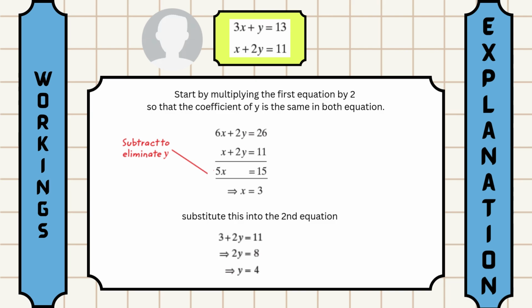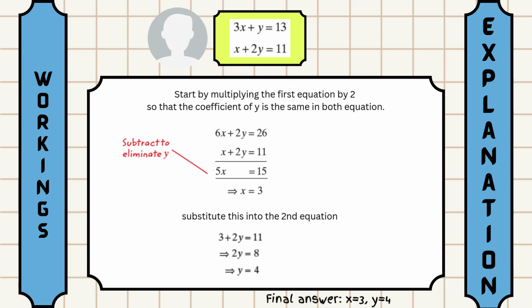Once you get x equals 3, substitute this into the second equation. So the second equation becomes 3 plus 2y equals 11. Then 2y equals 8, which results in y equals 4. All right, every time you attempt to solve simultaneous equations, you need to write down your final answer.